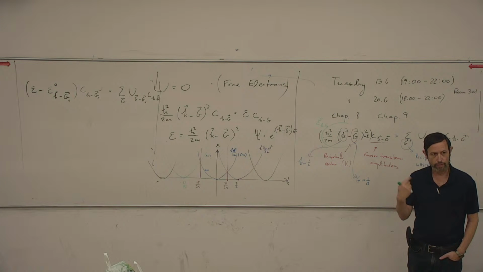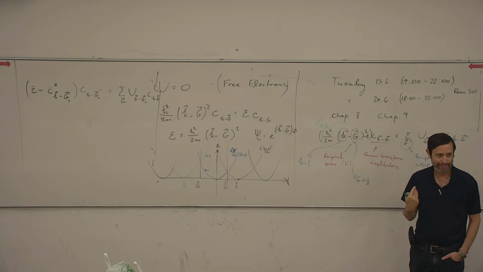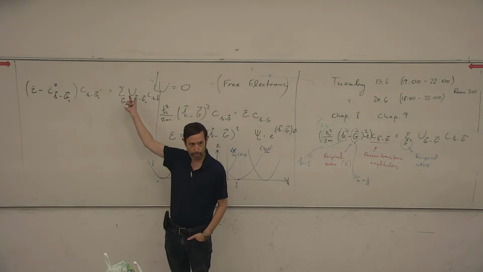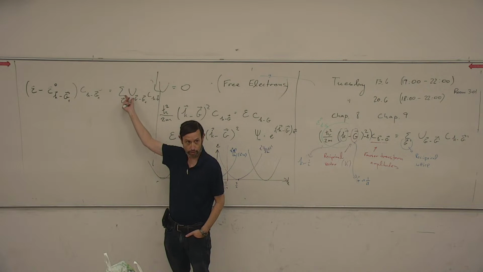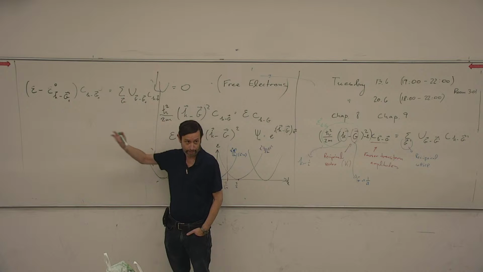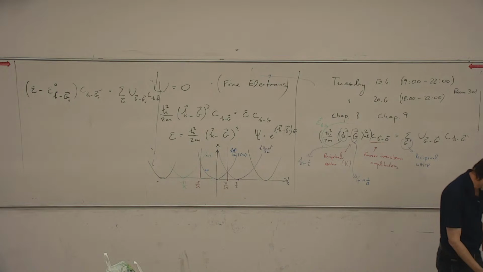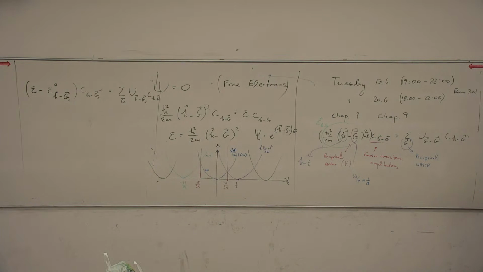Because at the end of the day, U is a real number, it's a potential, so U and U complex conjugate are the same thing. And the only difference in a Fourier transform between a value and minus its value is the complex conjugate. But here U is real, so it doesn't matter.